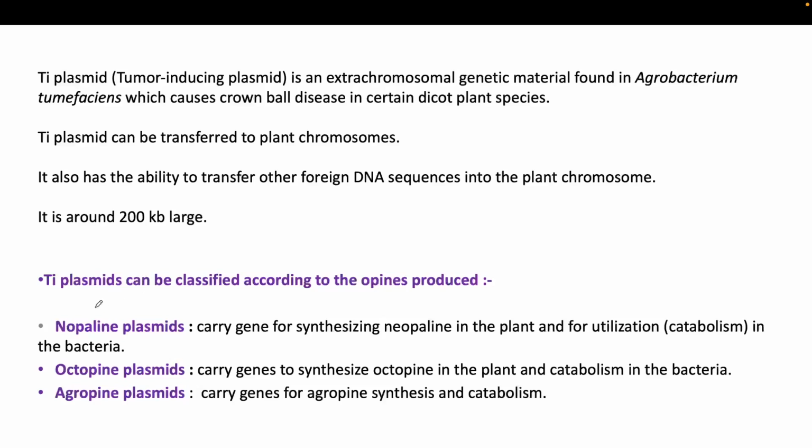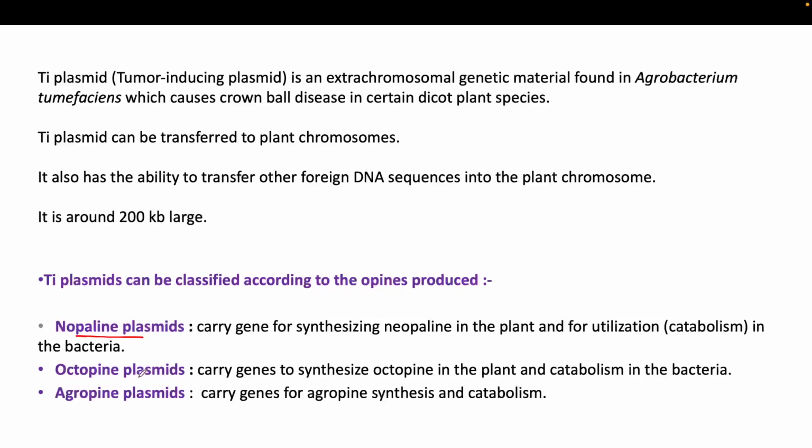The TI plasmid is classified according to the opine it produces. Opine is nothing but a nitrogen and carbon, or energy, source for the Agrobacterium tumefaciens bacteria. If it produces nopaline, the plasmid is called a nopaline plasmid.